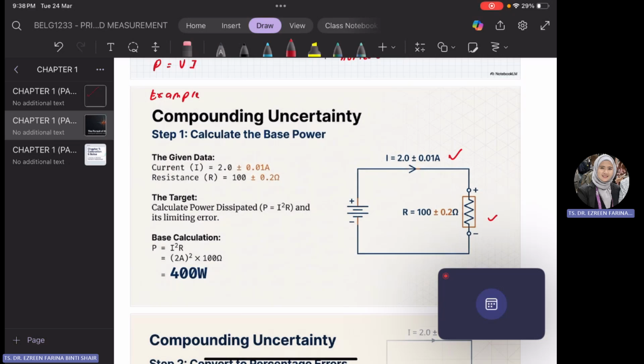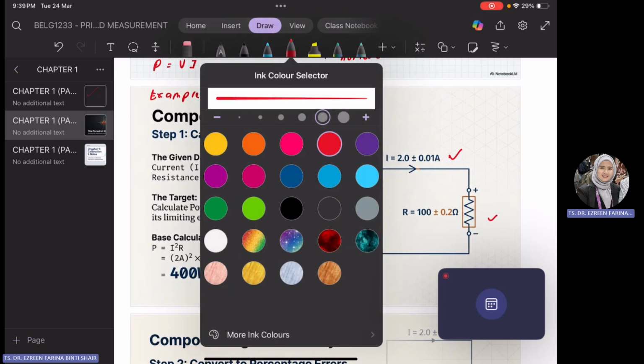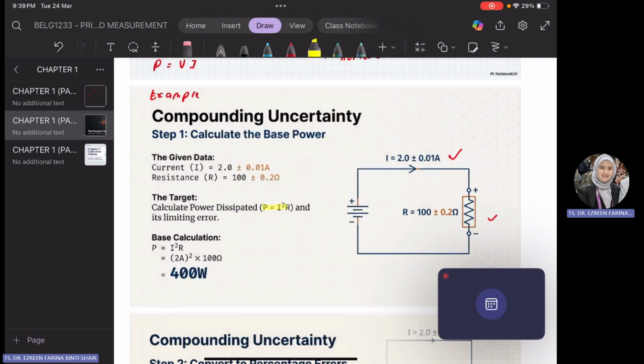You need to calculate the power dissipated and its limiting error. We know that for power we can calculate using the formula P equals I squared R.